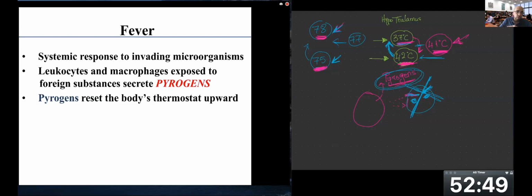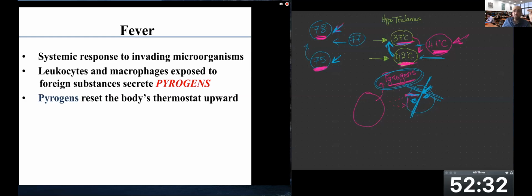All right, so Ariel says the pyrogen's main job is to reset the thermostat of the body. Yes, exactly. For Victoria, what if the fever is too high? Will the hypothalamus regulate it?